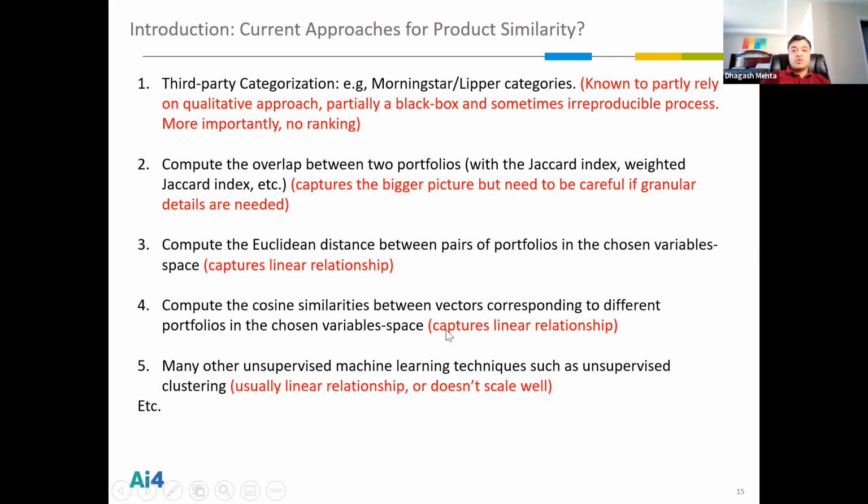Similarly, cosine similarity captures linear relationships among different aggregated variables, but not specifically non-linearity. And the same is the case for the existing literature on machine learning applied to these mutual fund similarity computations. Okay? And sometimes they also don't scale well. So there are all these problems that I found, and that prompted me to come up with my own methodology.